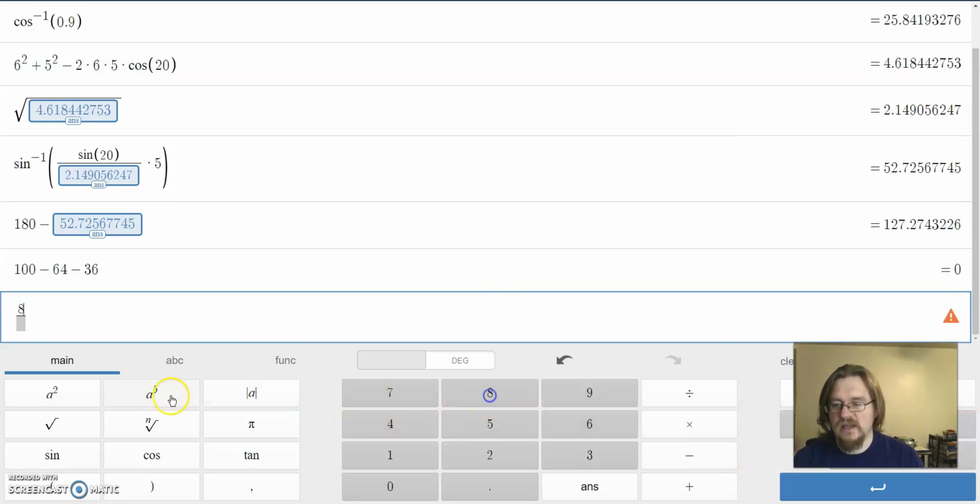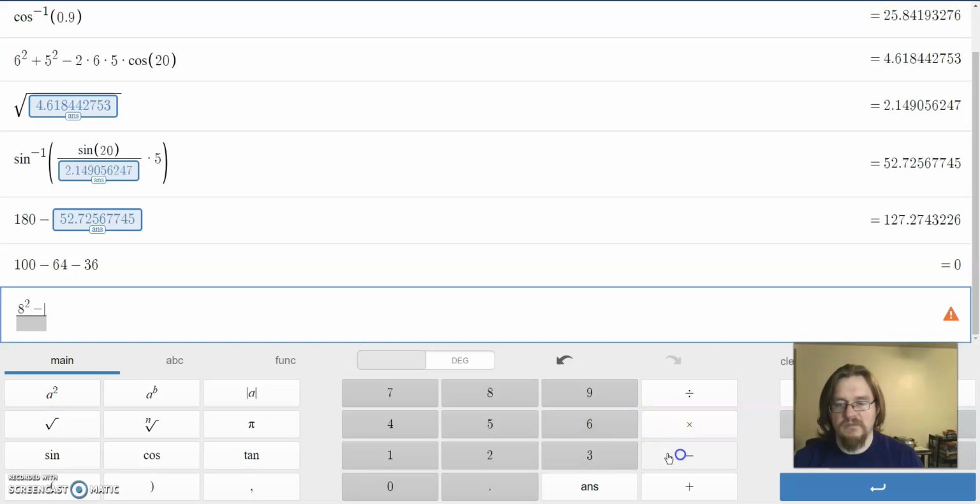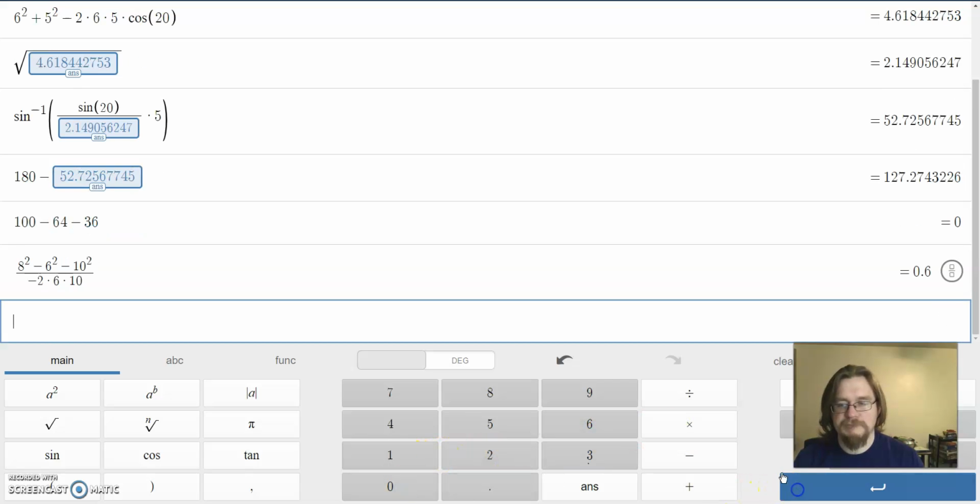So we've got 8 squared minus 6 squared minus 10 squared all over negative 2 times 6 times 10. It does simplify down very nicely, but it is going to be 0.6.